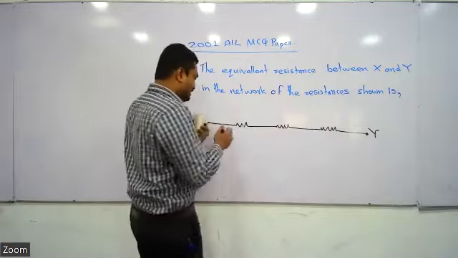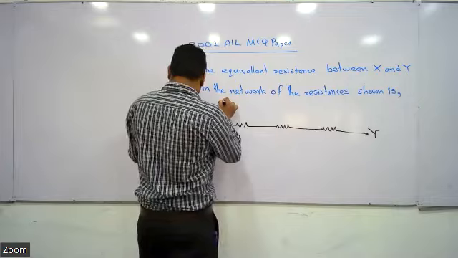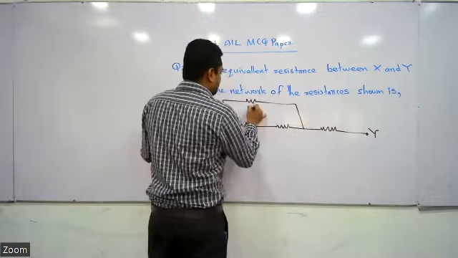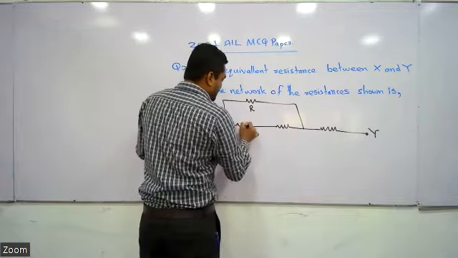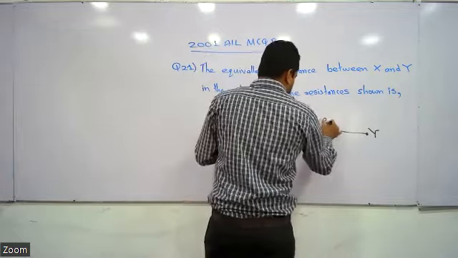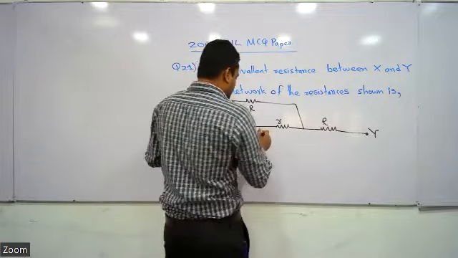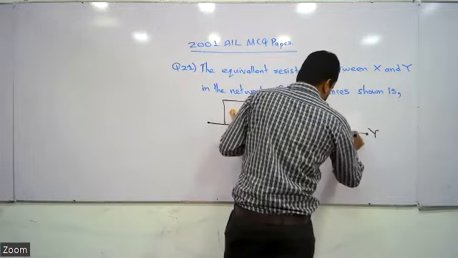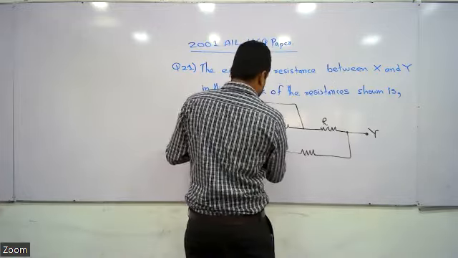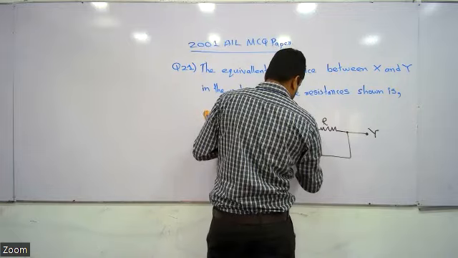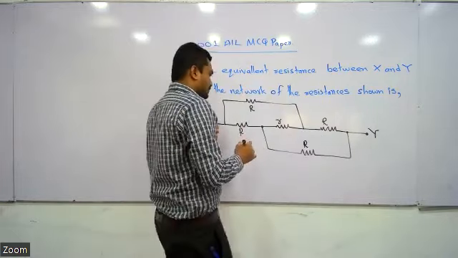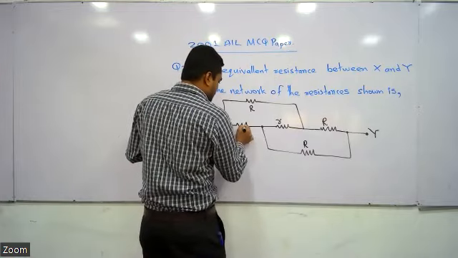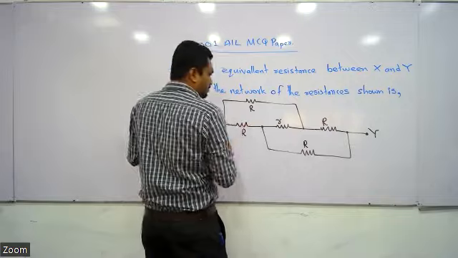But they have given another two resistors like this. Capital R, simple R. This is capital R ohm. And they have connected another resistance.